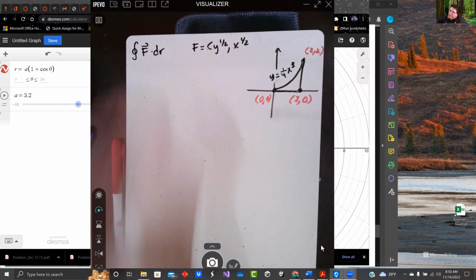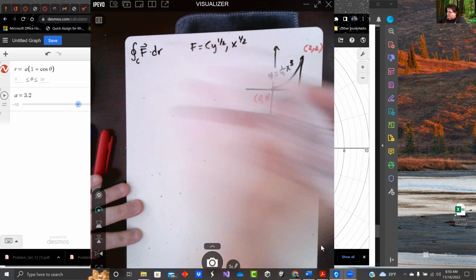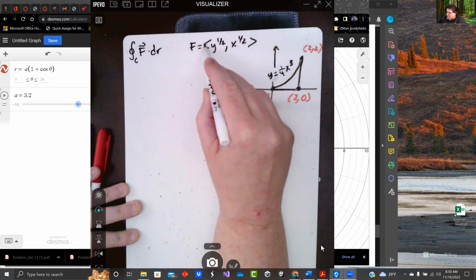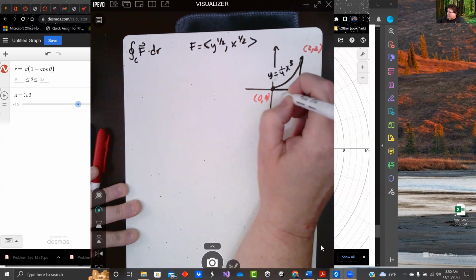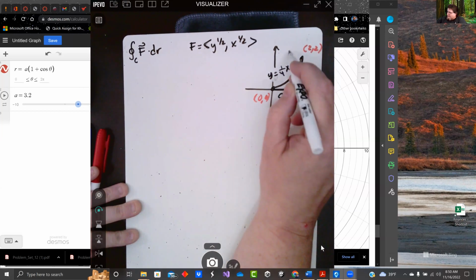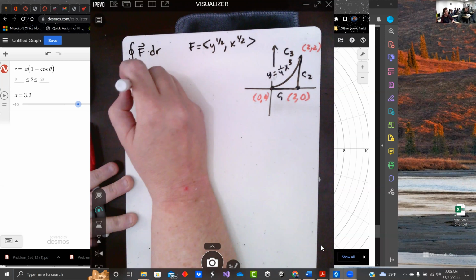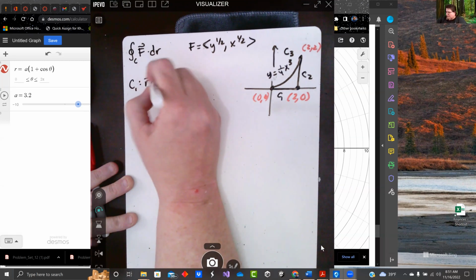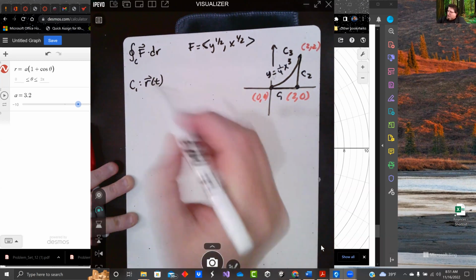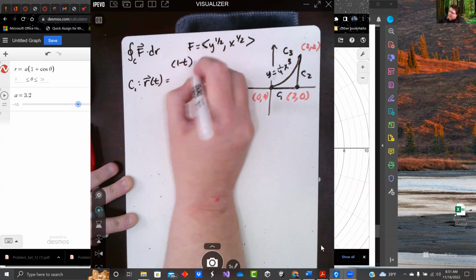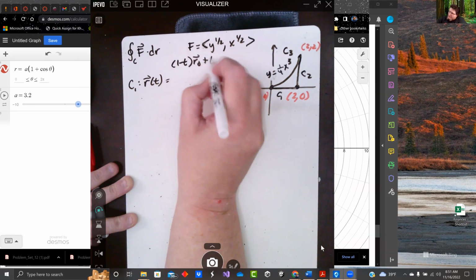So if we wanted to do the curve along C, let's call this C1, C2, and C3. You just combine them together to make your area. So for C1, you got to do R of T. For C1 and C2, we can do R of T equals, as a reminder, 1 minus T times R naught plus T times R1.